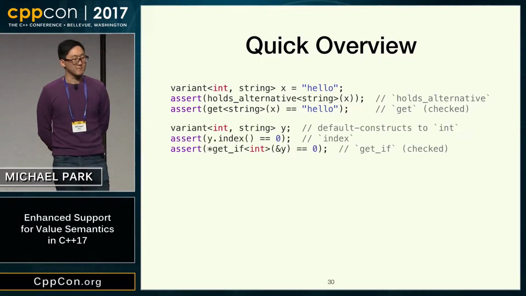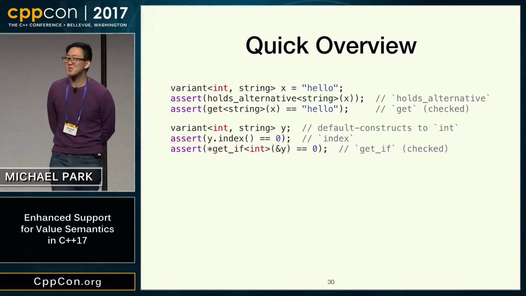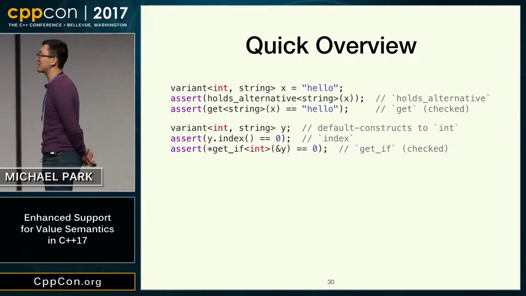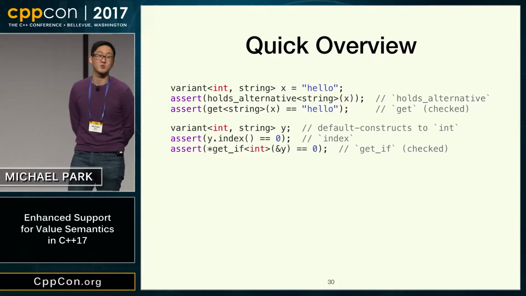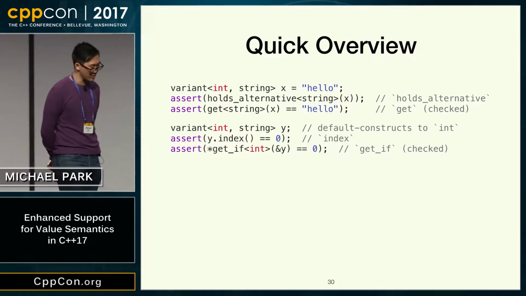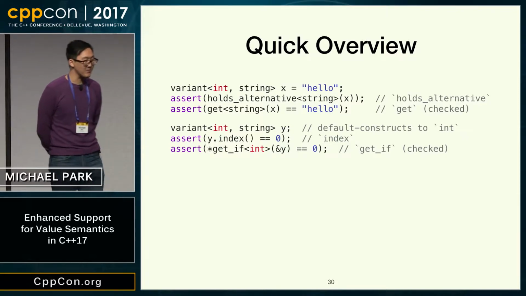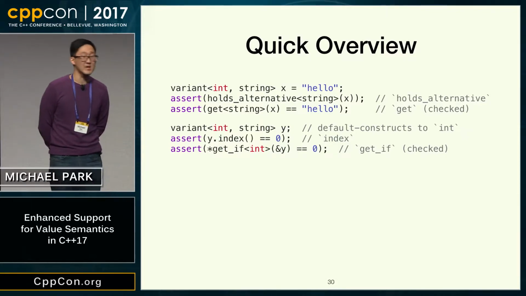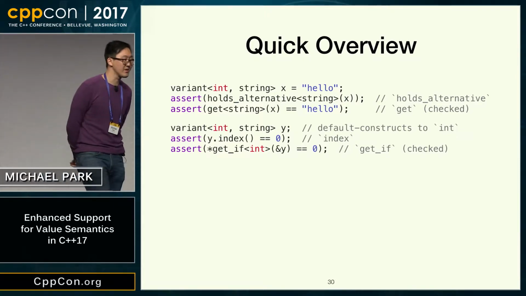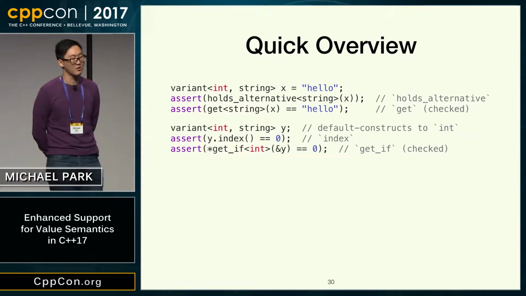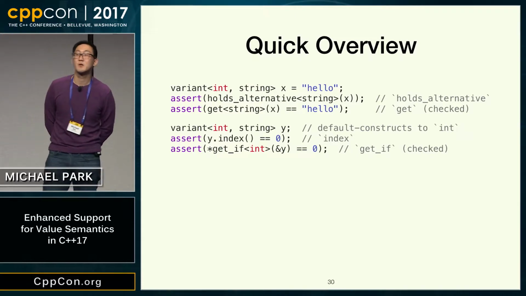Variant default constructor: I don't want to get too deep into it, but the variant default constructor is enabled if the first alternative is default constructible. So in this case, when I default construct the variant, we're going to initialize the int and default construct that to 0. We have the index function to check which alternative is currently active.